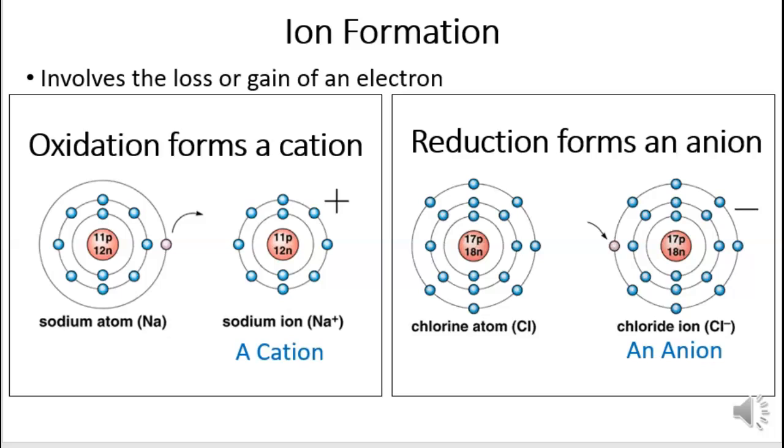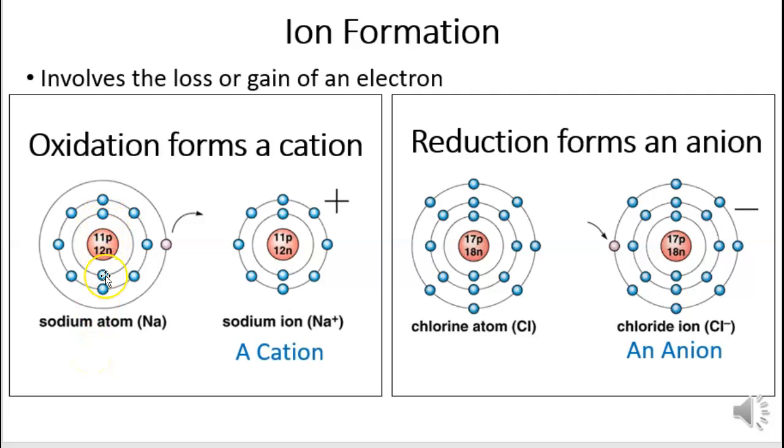This picture shows how a cation or an anion is formed. So it's showing us oxidation and reduction. In the first example of oxidation, we have a sodium atom. Sodium has 11 electrons. We know that because it has 11 protons.